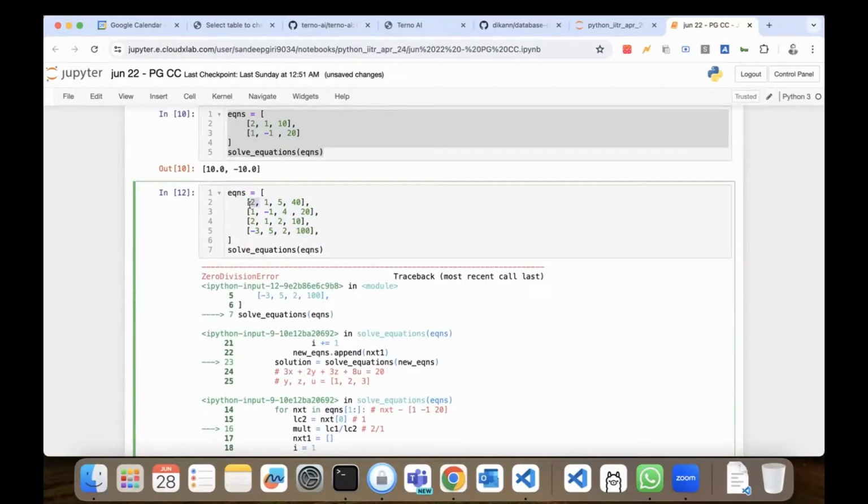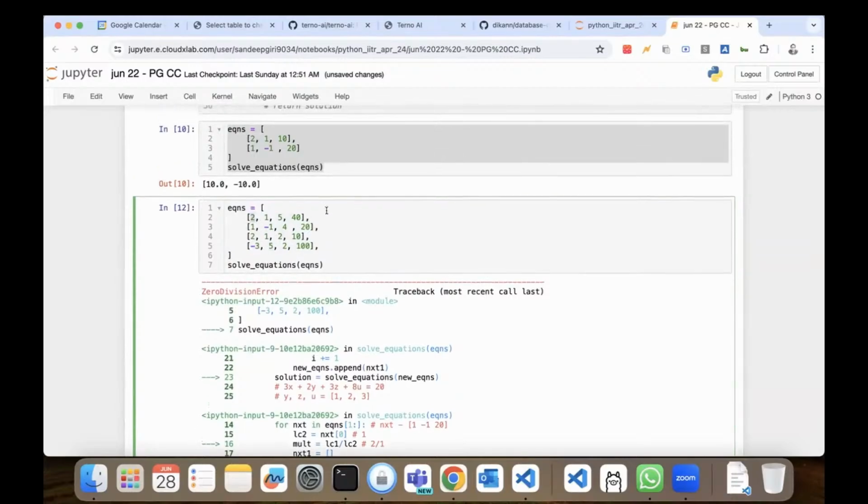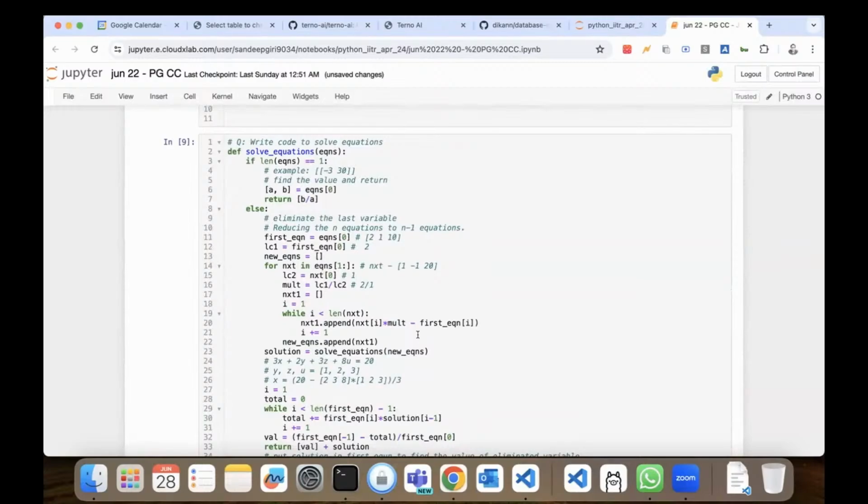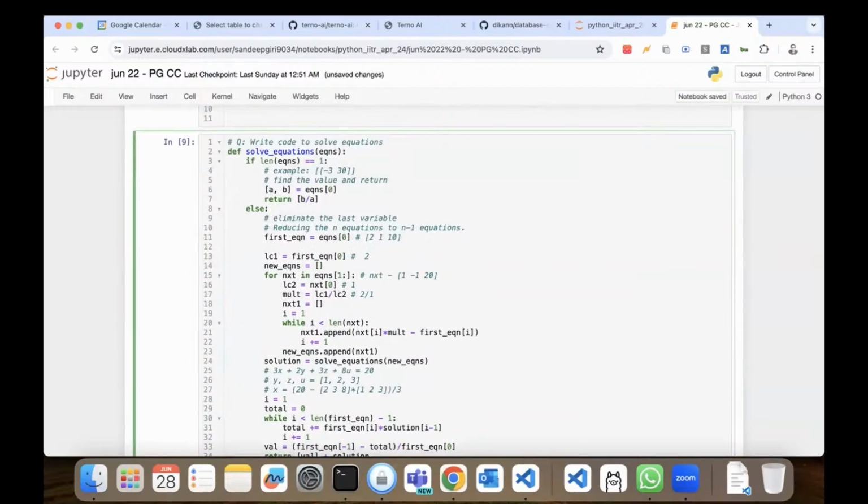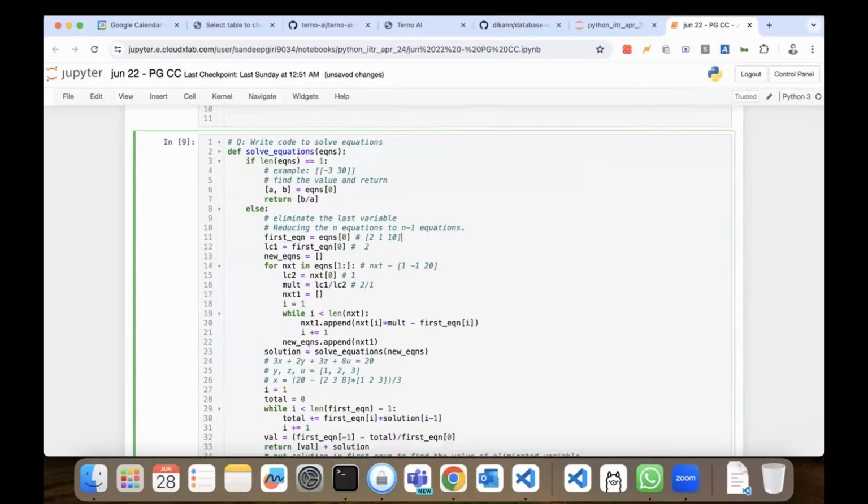If the first variable, this one, is 0, then it'll be division by 0. So if this variable comes out to be 0, swap it with something which is non-zero.